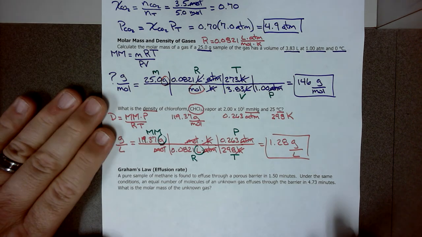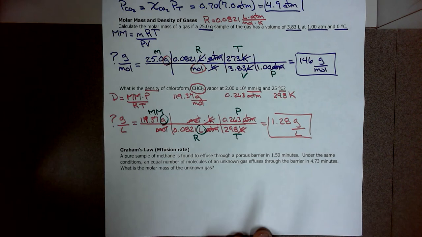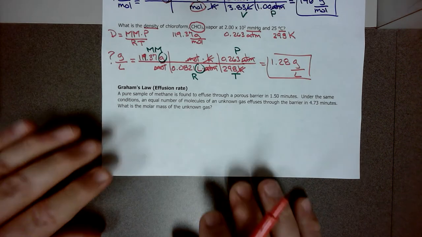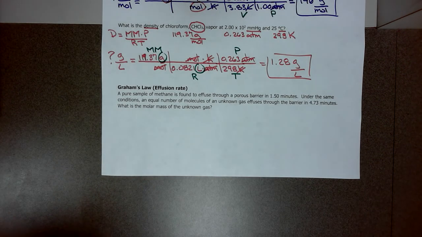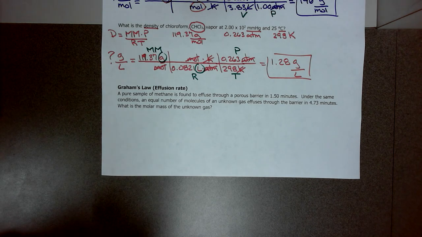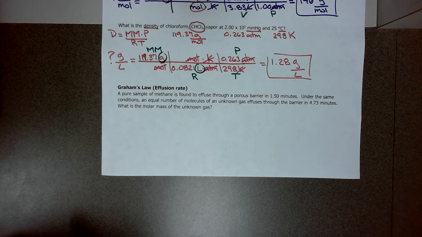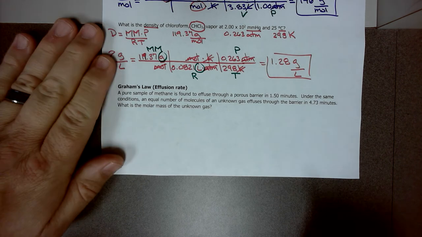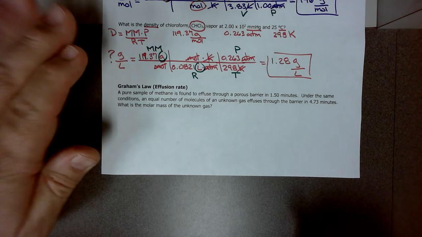Now, Graham's law talks about the rate of effusion, and we can figure out molar masses if we know how fast a gas will effuse through a porous barrier. And so what we're going to do is solve this problem using the Graham's law equation.